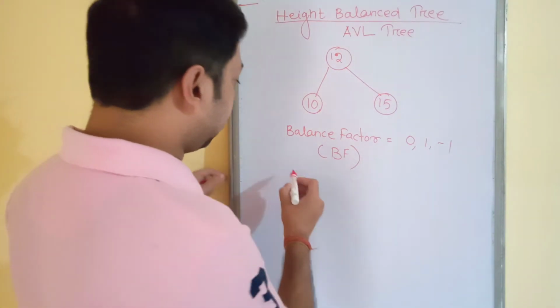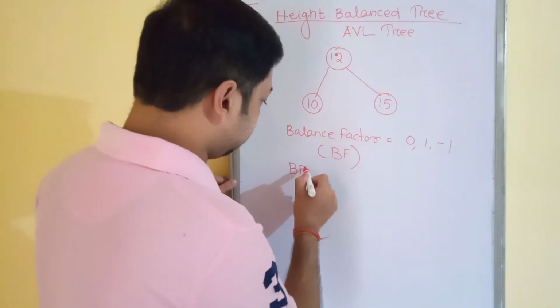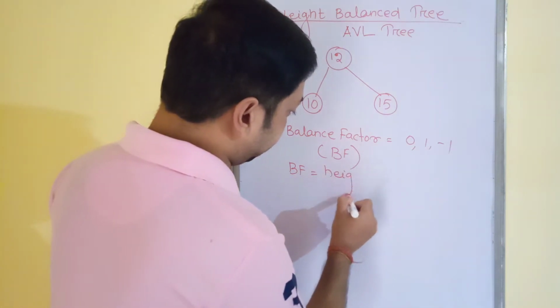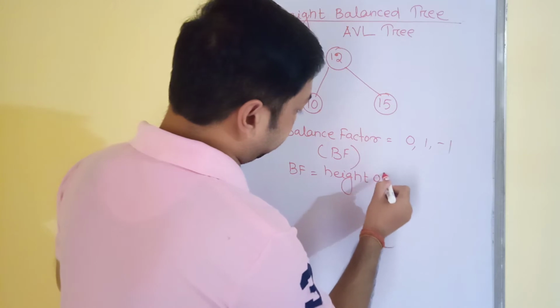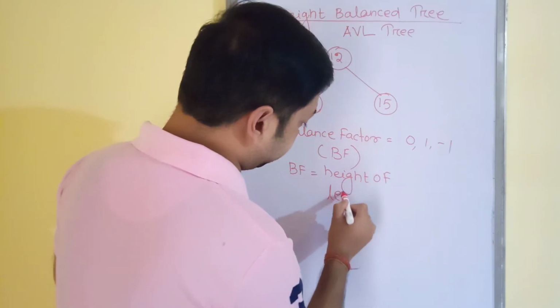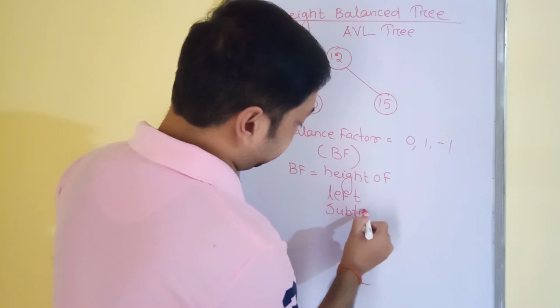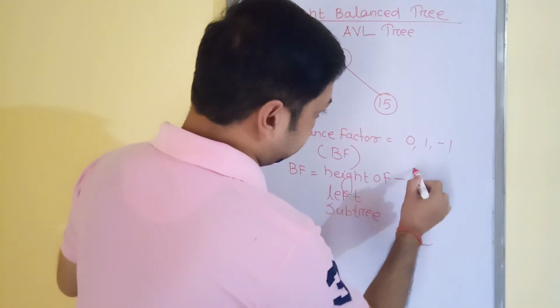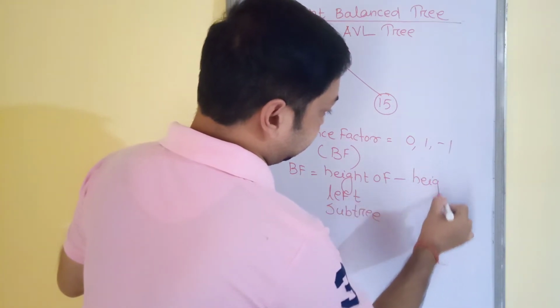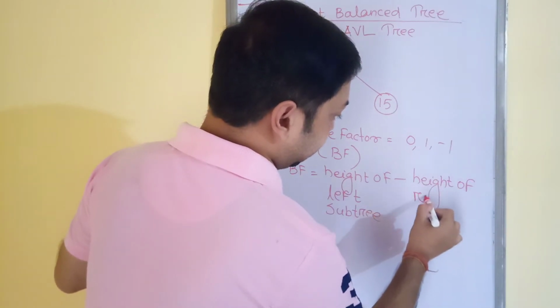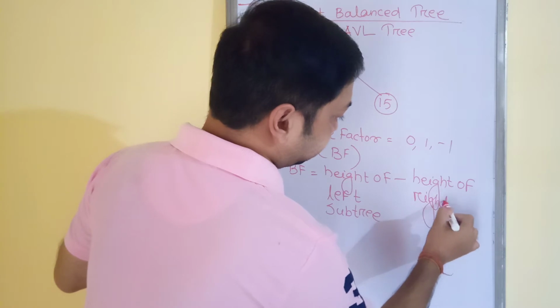So what is the formula of balance factor here? That is the height of the left subtree minus the height of the right subtree. Height of left subtree minus height of right subtree.